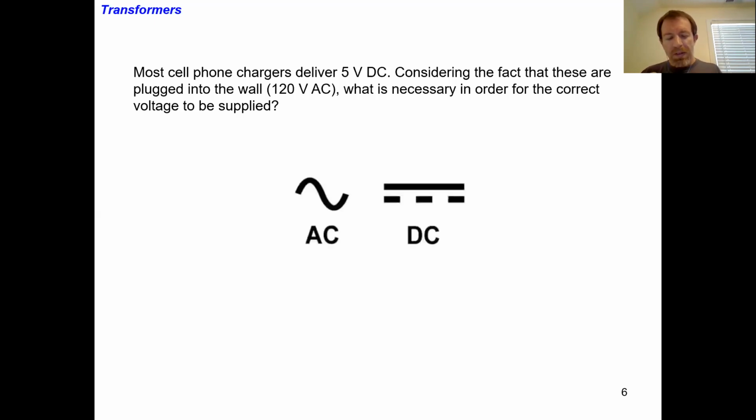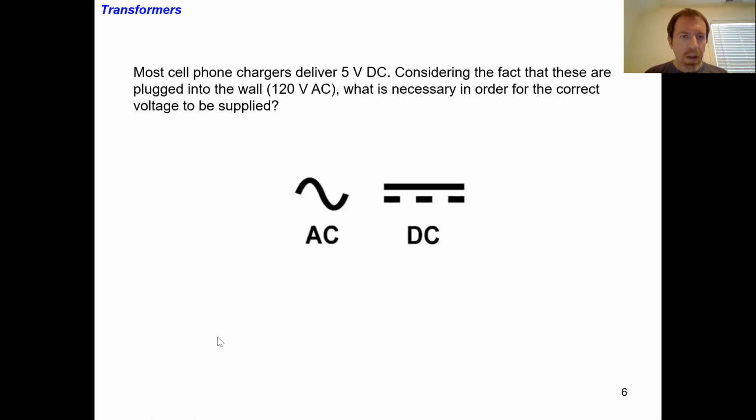And then it says output 5 volts, and then it's got a solid line with some dashes, kind of like this, with the DC. So it says 5 volts, that DC symbol, and then 2 amps. So inside each one of these, we've got a transformer that steps down voltage, and also a rectifier that changes our power from AC to DC.